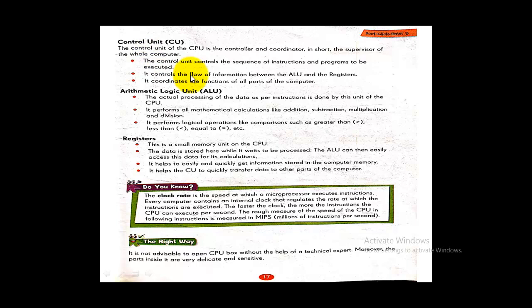And the arithmetic logic unit deals with arithmetic and logical problems. Arithmetic means mathematical problems like addition, subtraction, multiplication, division, square root, integration, differentiation. Logical means logical operators like AND, OR, NOR, XOR.